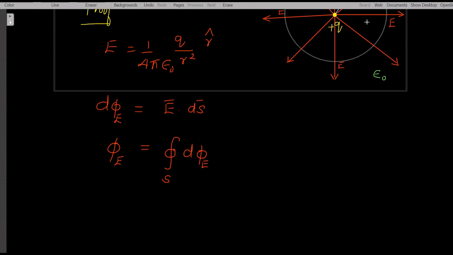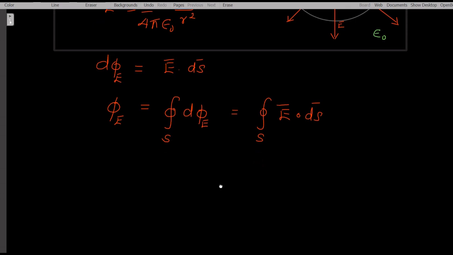On integration over the closed surface, what we get is phi E, which is equal to integration over the closed surface E dot dS. And we know we are integrating over the surface.